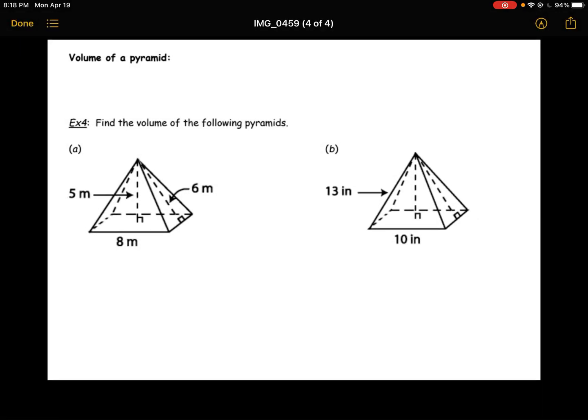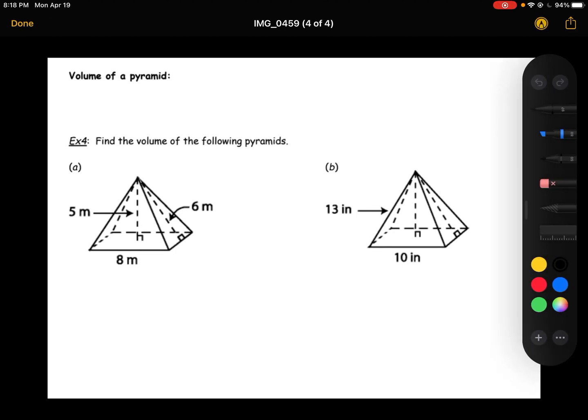All right, which leaves us with one final thing to do for our video and kind of notes today, which is volume. So the volume of a pyramid is, again, similar to our cylinder. The same concept is the amount that we can fill our pyramid with.